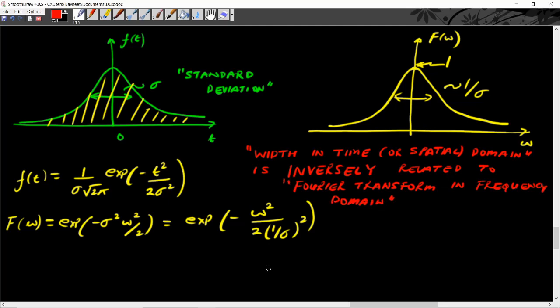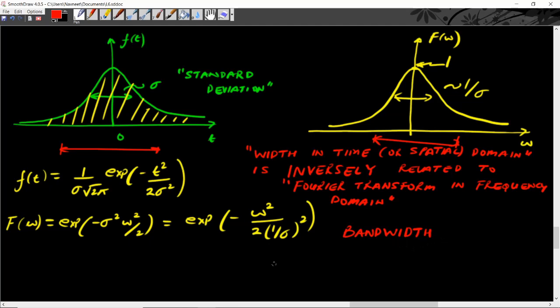In other words, if my pulse duration increases, then the width of the signal in the frequency domain shrinks down. And the width of the signal in frequency domain is actually called the bandwidth.